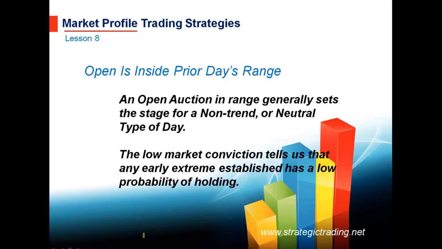All right. The open auction range generally will set the stage for a non-trend or a neutral type of day. So already I've talked about two types of days that we will talk more about: a non-conventional day and a non-trend or neutral day. The low market conviction tells us that an early extreme is not going to be established or hold during the early period of the day.